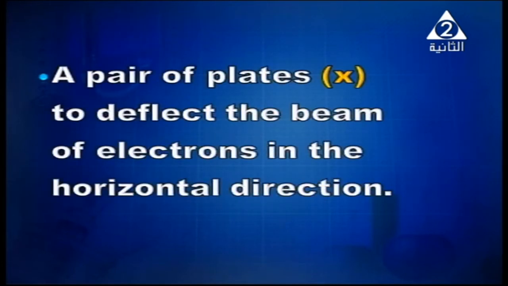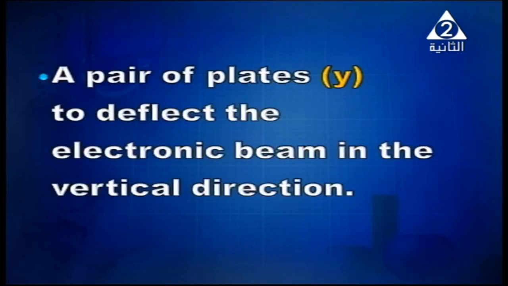We've got a pair of plates, plates X, to deflect the beam of electrons in the horizontal direction. Vertical plates deflect the electronic beam horizontally. And horizontal plates, plates Y, deflect the electronic beam in the vertical direction.